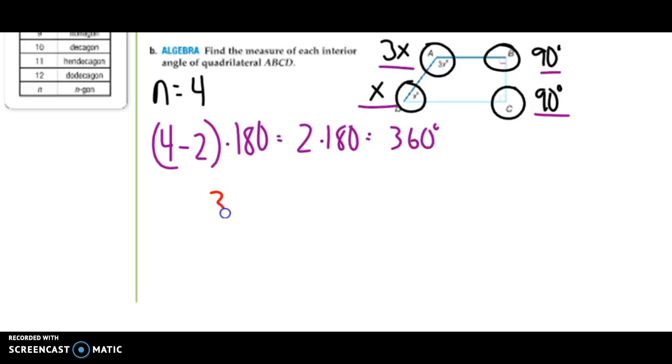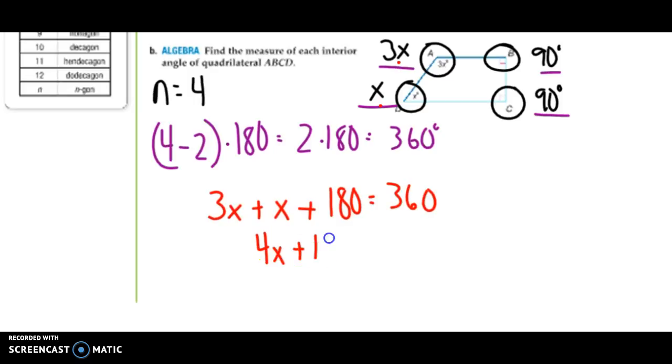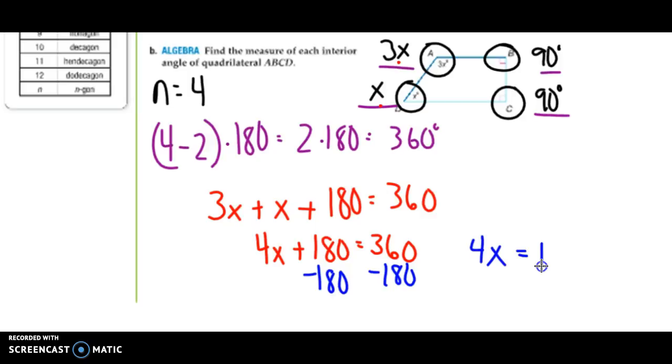So I say 3x plus x plus 90 plus 90, I'll add that together as 180, should add up to 360 degrees. Combining our like terms, we'd say 4x plus 180 equals 360. Subtract 180 from both sides, and you find that 4x is equal to 180.